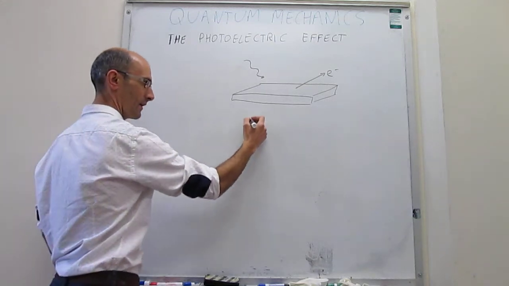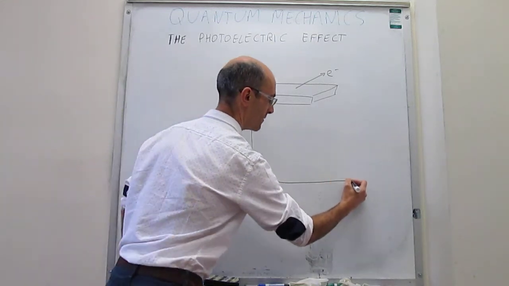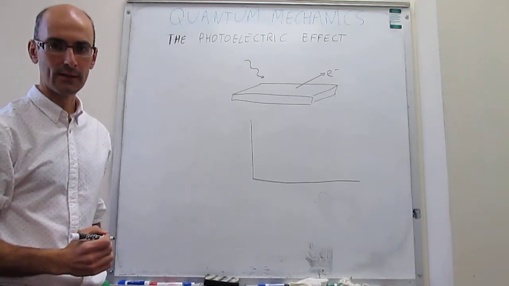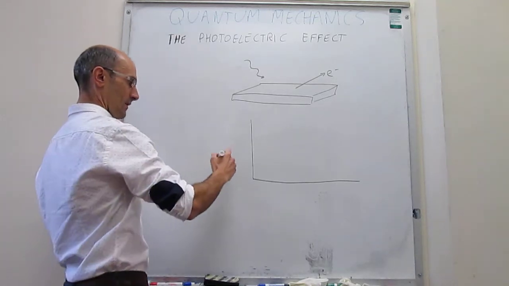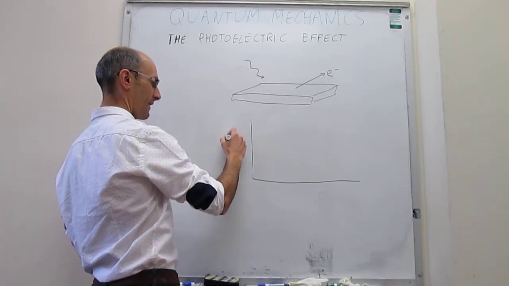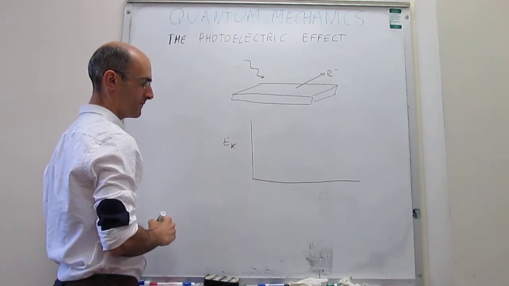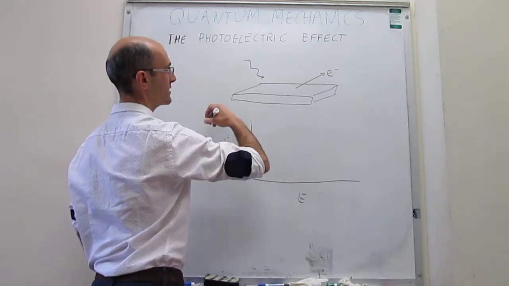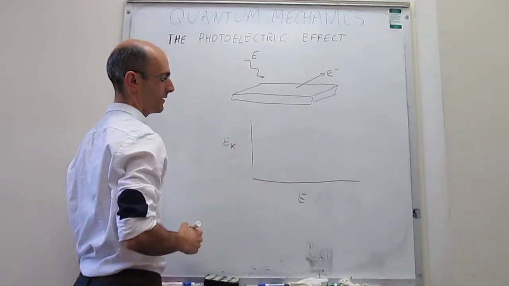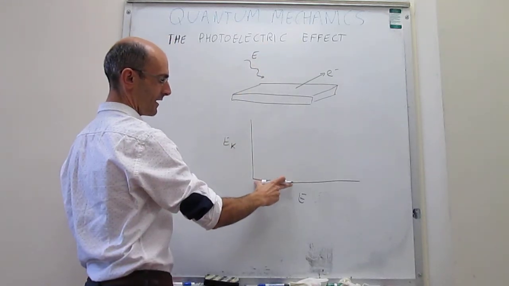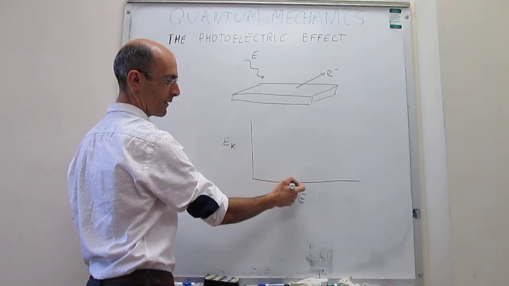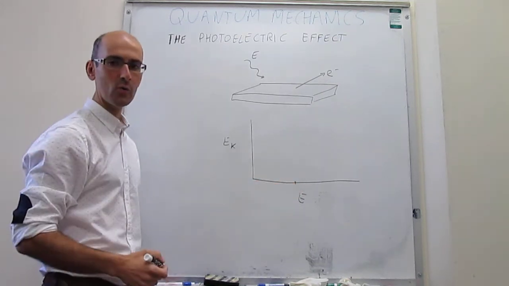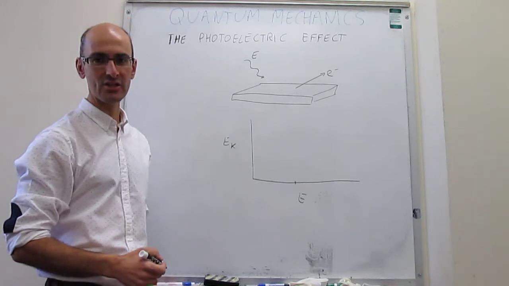Now, there are some key characteristics of this experiment that were unexplained by classical theory. So this is the kinetic energy of the ejected electron, as a function of the energy of the radiation that you're putting in right here. It turns out that until you have a minimum amount of energy, no electrons get ejected.